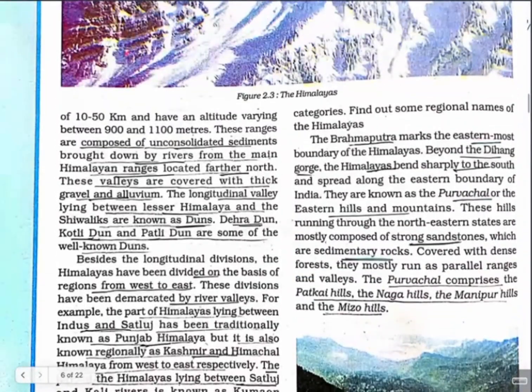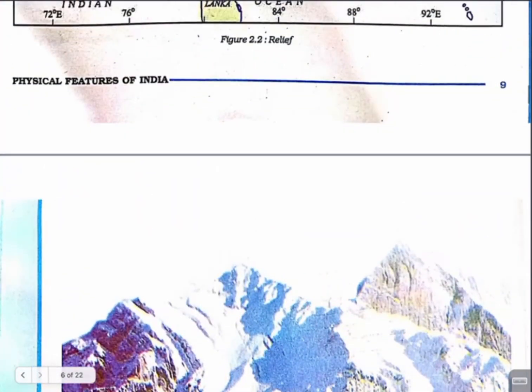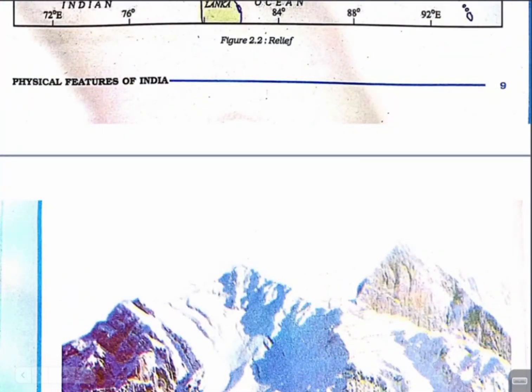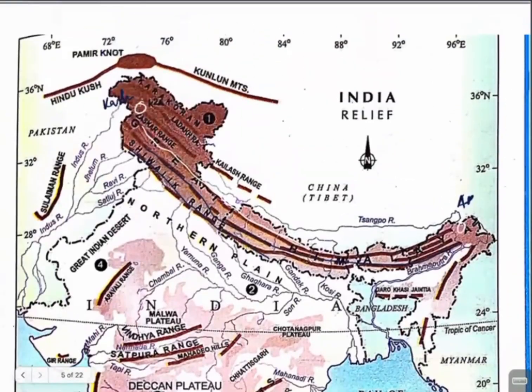I was talking about the different ranges. We will first discuss the Trans Himalayan ranges. The Trans Himalayan ranges are about 1,000 kilometers long. It is mainly divided into four ranges: Karakoram, Ladakh, Zaskar, and Kailash.